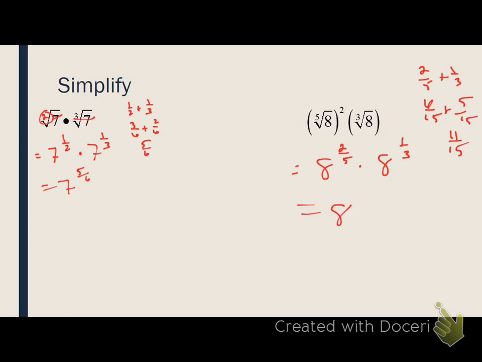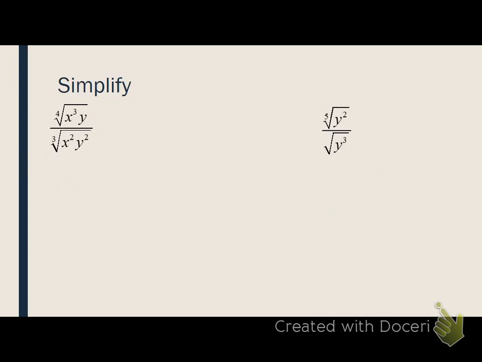And so we get 8 to the 11/15 power. Okay? All right. Not a lot more complicated here, but I do want to show you something with this next example that might help you shorten your work a little bit, which I imagine you're interested in.